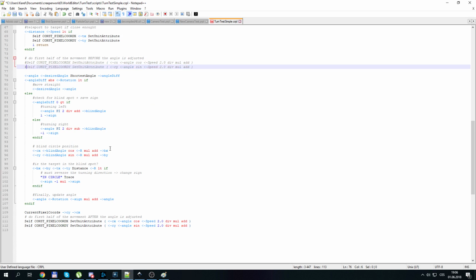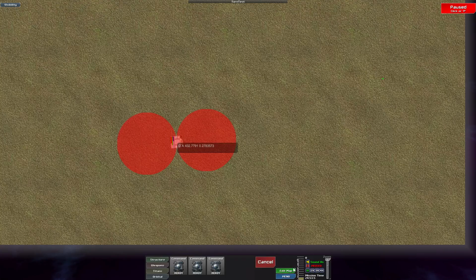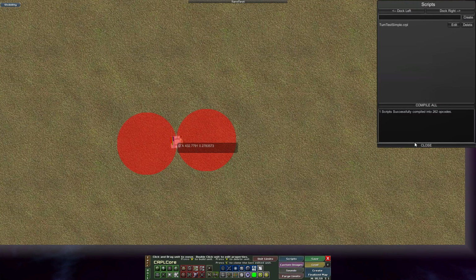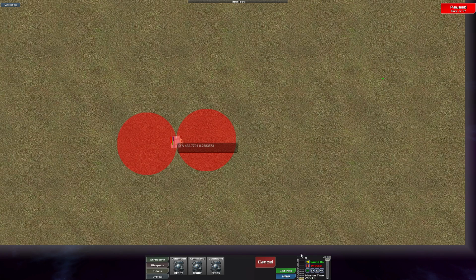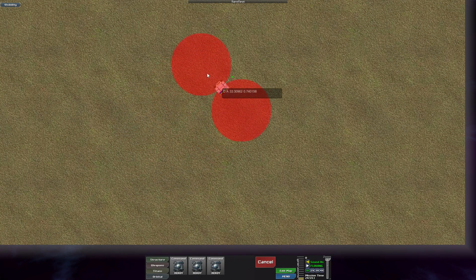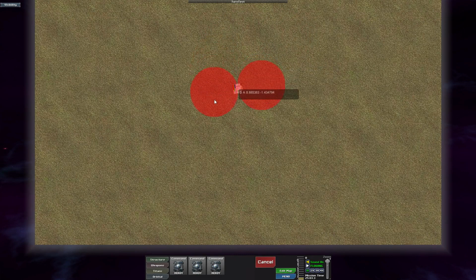So if I comment out this and I divide by 1, you will see something funny. Okay, compile all. Now, okay, unpause. Okay, it's going here. Now on the first look it looks fine, but watch as I try. Yeah, see that? If it is moving around, then it can break.